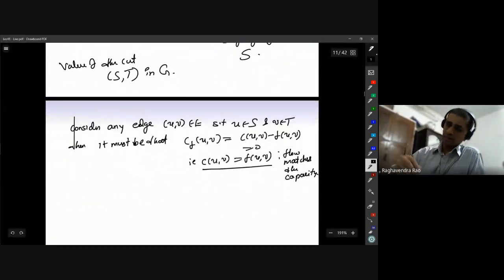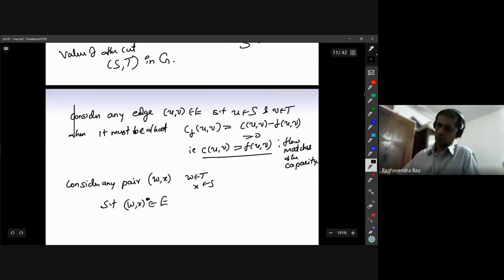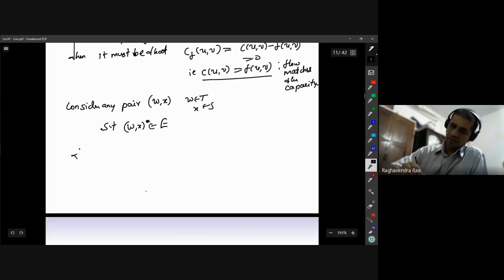Now, consider any pair WX such that W is in T, X is in S, such that WX is in E. Then CF of XW would have been F of WX.